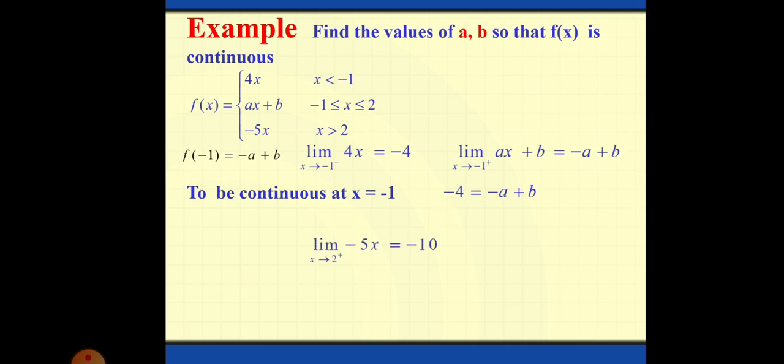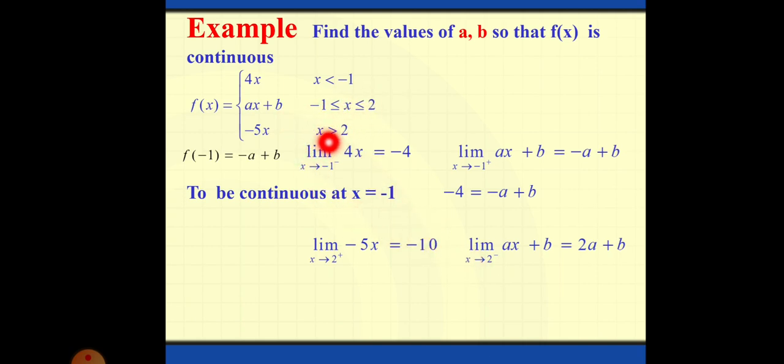And since this function is also continuous at 2, the right limit and left limit when x approaches 2 are equal. The limit of -5x when x approaches 2 from the positive side, because here x is bigger than 2, and the limit of ax plus b when x approaches 2 from the negative side.